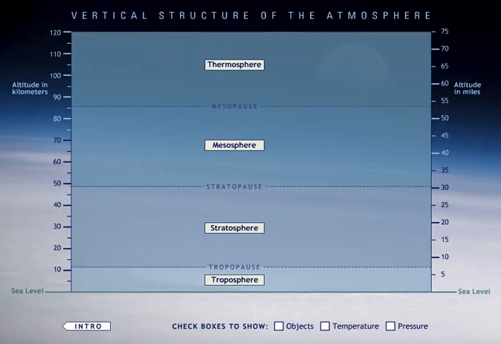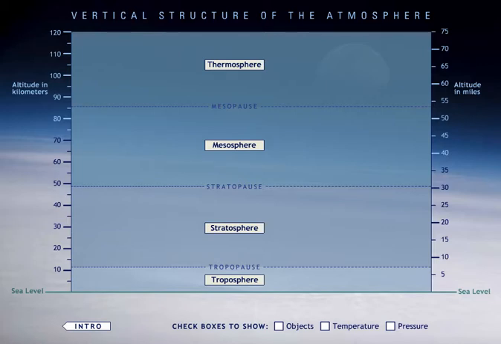So each of these layers is broken up not by the gases that make them up. The air that makes them up, for the most part, is essentially the same. It's going to be almost the same breakdown of gases, the 78% nitrogen, 21% oxygen, so on and so forth.